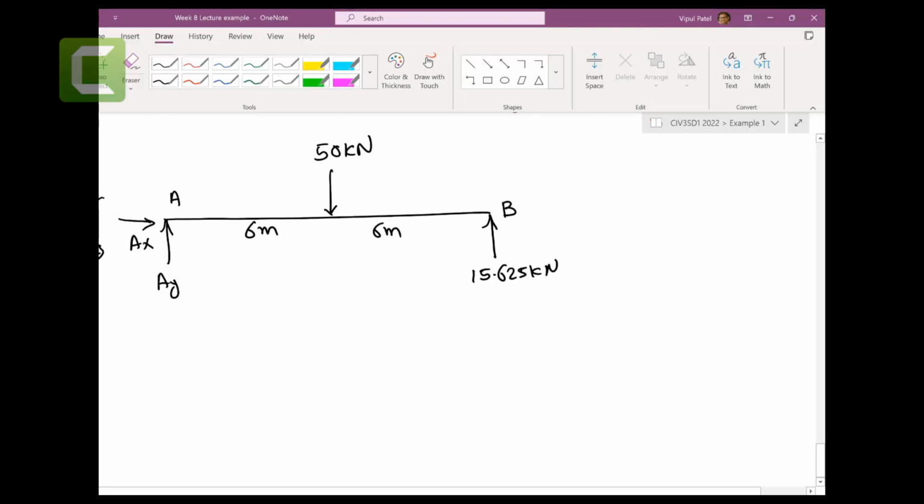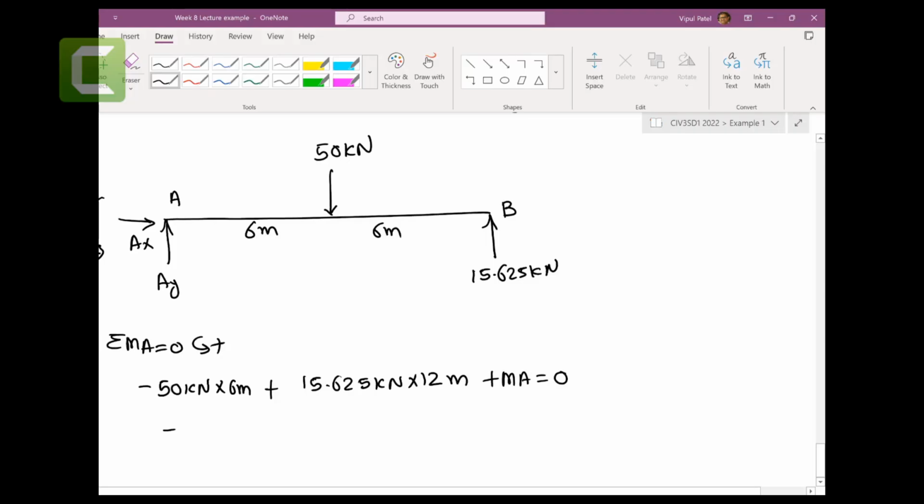Now in this case, you can take moments at point A equal to 0, anti-clockwise is positive. You have done this many times, right? 50 kilonewtons times 6 meters plus 15.625 kilonewtons times 12 meters plus MA equals 0. So this is minus 300 kilonewton meters.